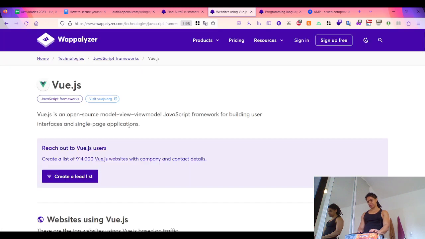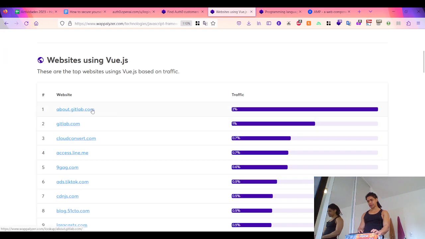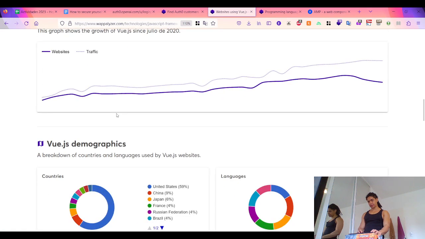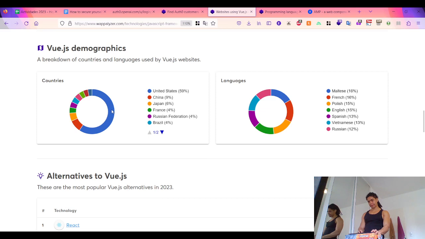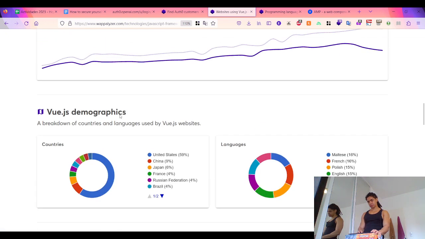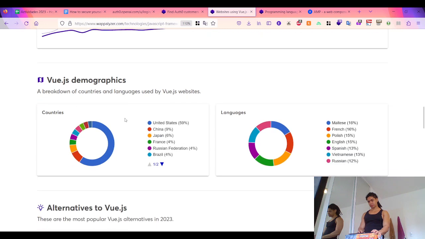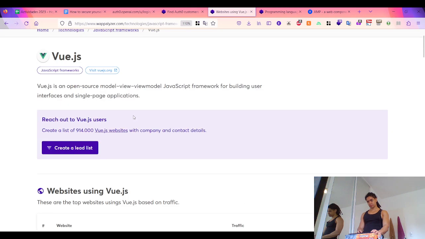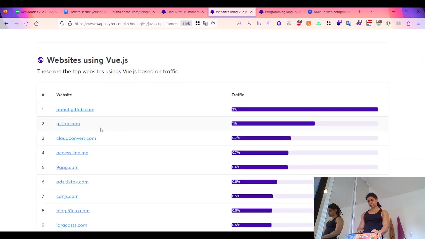The reason is that Vue.js, about GitLab, has been more popular than others in the United States. It's about GitLab.